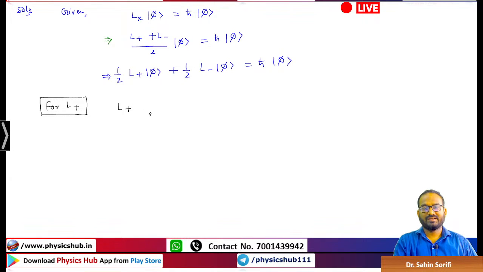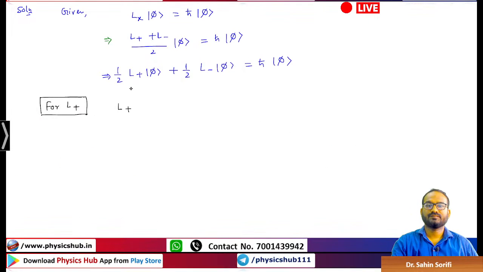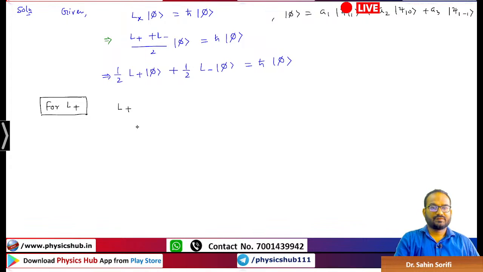Phi is given to you as a1 psi 1 1 plus a2 psi 1 0 plus a3 psi 1 minus 1. This is given to you, right? So when we apply L plus on this phi, it means this whole thing.